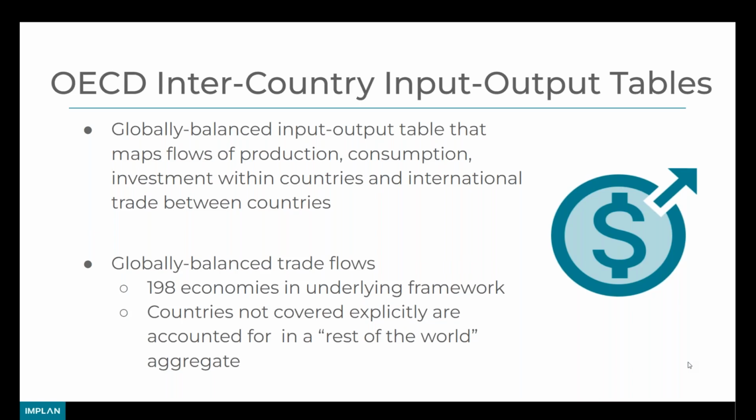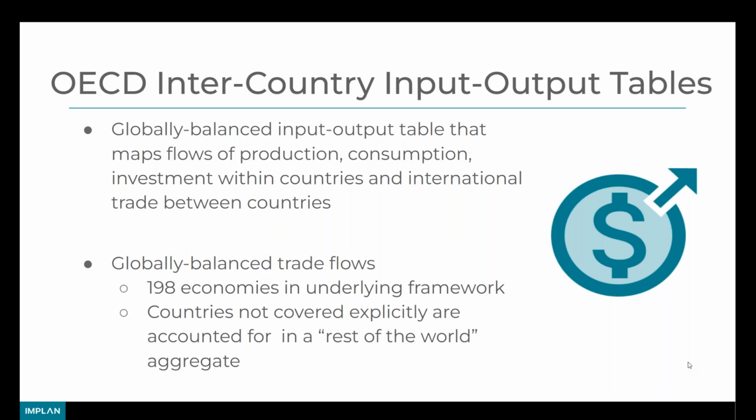So, in fact, the OECD national IO tables are derived from this larger ICIO table, with the national IO tables on the diagonal and the country-to-country trade flows on the off-diagonal. We utilize this inter-country commodity trade flow data from the ICIO tables to enable MRIO.